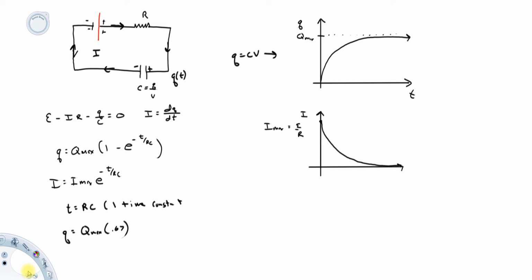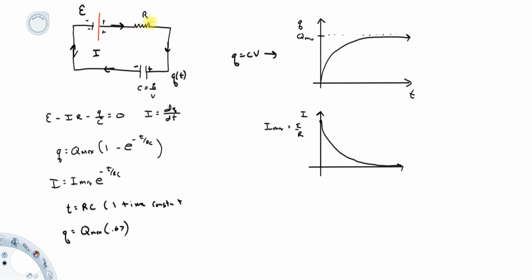Let me talk about the long-term behavior, the Q max. Eventually, this capacitor will hit its maximum charge, and at that point, the current goes to zero. And once the current is zero, whoops, I forgot the label, E for EMF of the battery.